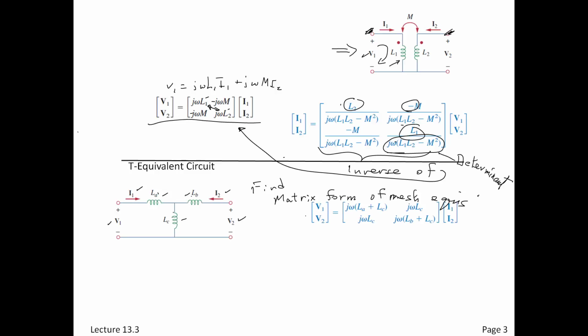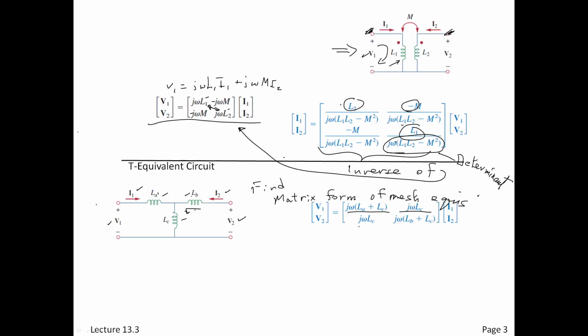So if I do that here they are. For this, pretty easy to write over here, right? If I got this current, I've got I1 times j omega LA, and I've got I1 times j omega LC. I've also got, because I2 is coming down here, j omega LC I2, right? So pretty easy to see these terms and these terms.